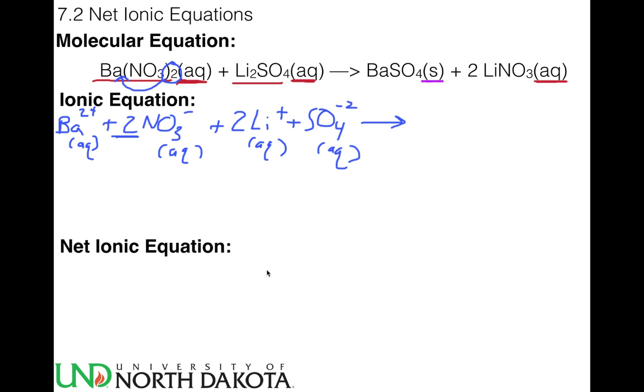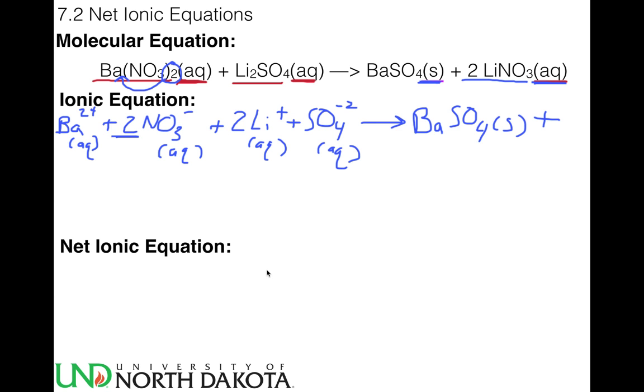Next, on our product side, we have barium sulfate, but notice it has the solid state of matter designation. I can't split barium sulfate into its ions because it's telling me that it didn't dissociate, that it's not aqueous. So barium sulfate remains the same as a solid. And finally, my last ionic compound is an aqueous ionic compound. And that means I have to dissociate it into its ions.